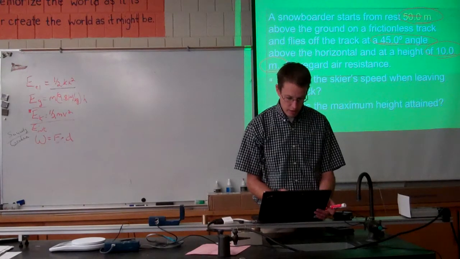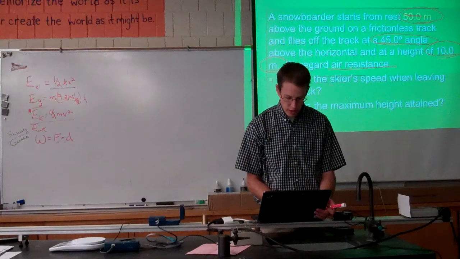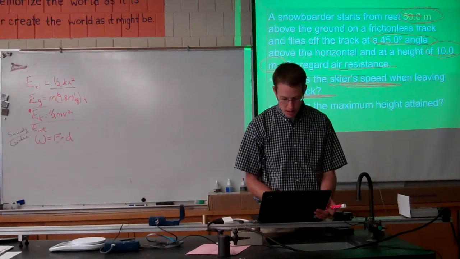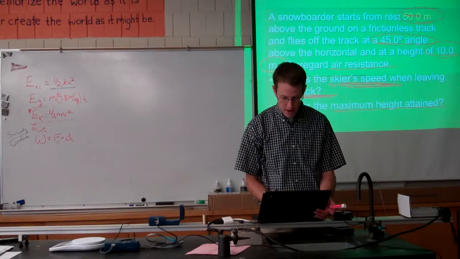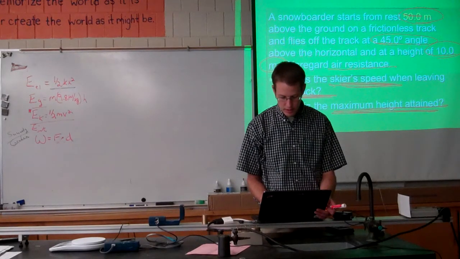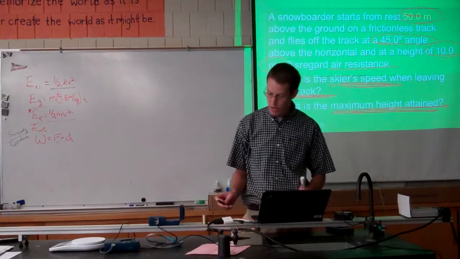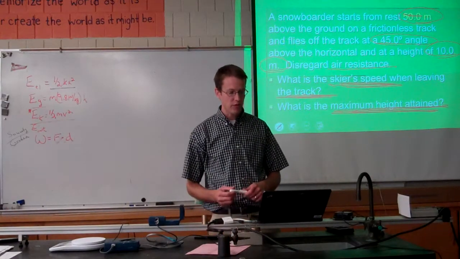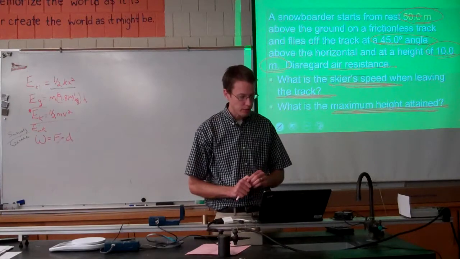Disregard air resistance. It asks, what's the skier's speed when leaving the track? And then, what's the maximum height attained? We're going to use our principles of conservation of energy to solve all these problems.